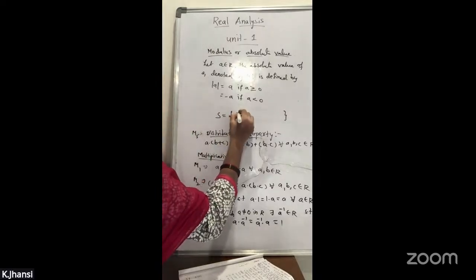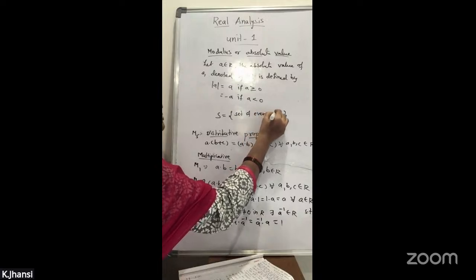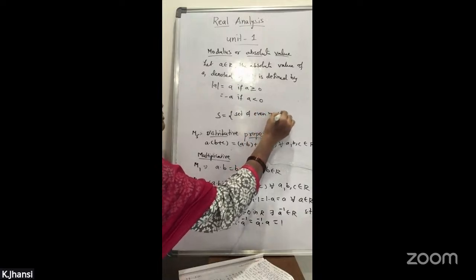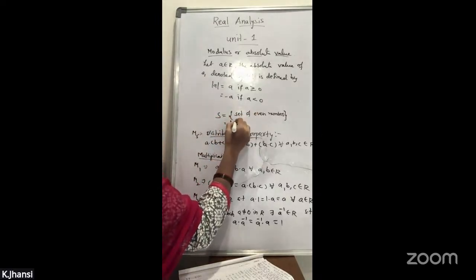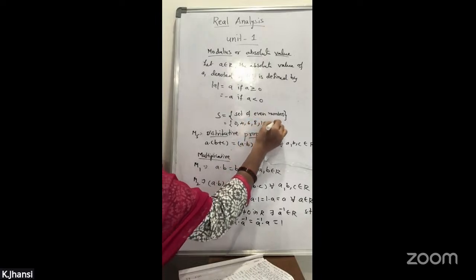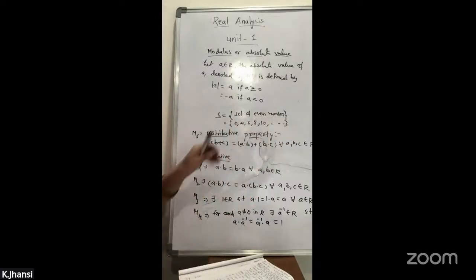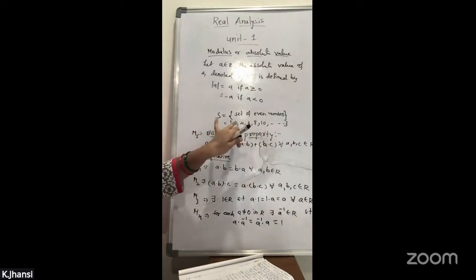You can write it as the set of even numbers. What are even numbers? 2, 4, 6, 8, 10, like this, and so on. Okay. So they have some meaning. Whatever these elements are, you can tell they have a difference of 2, or that they are the set of even numbers.